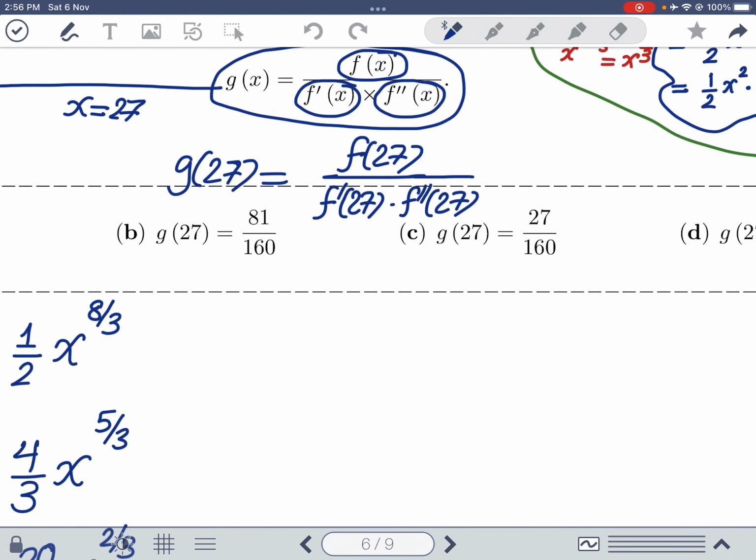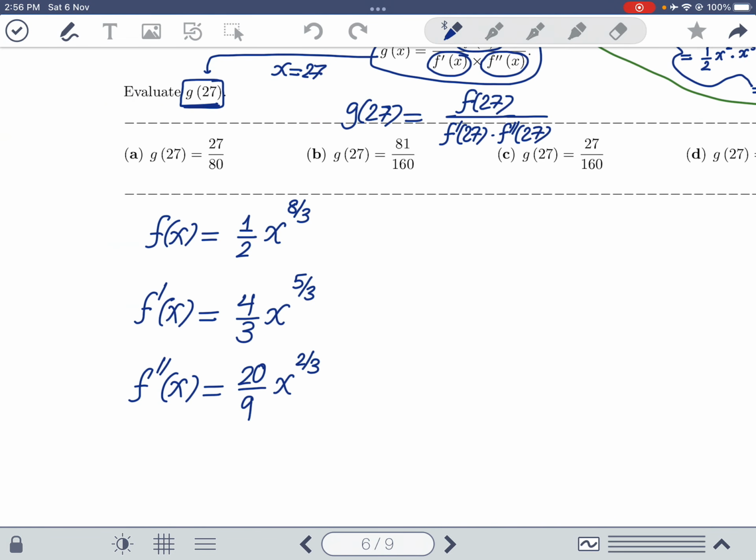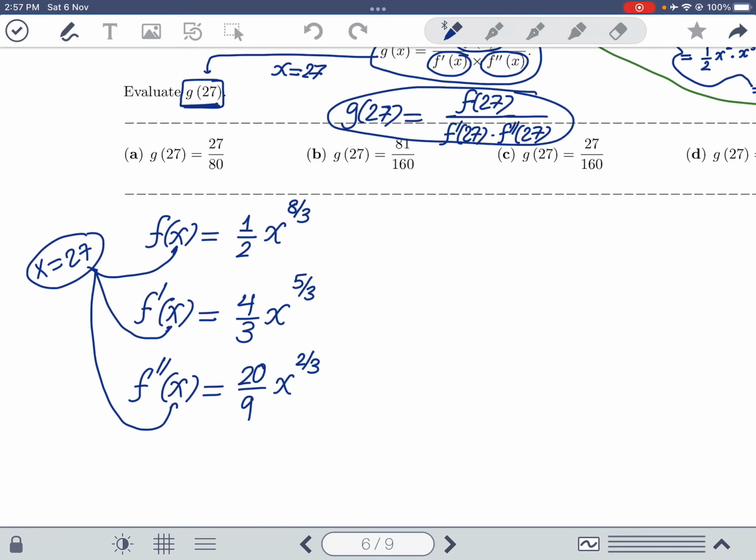So all what you need to do is replace 27. So you'll put x equal 27 in each one of these for x. So what I mean exactly is that this x equal 27, replace it in each of these and then combine them in this way. That will give you g.